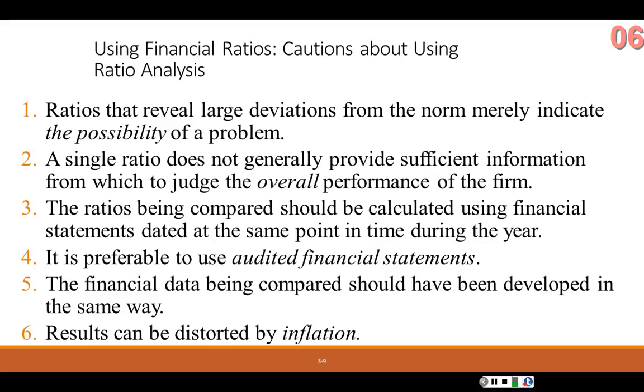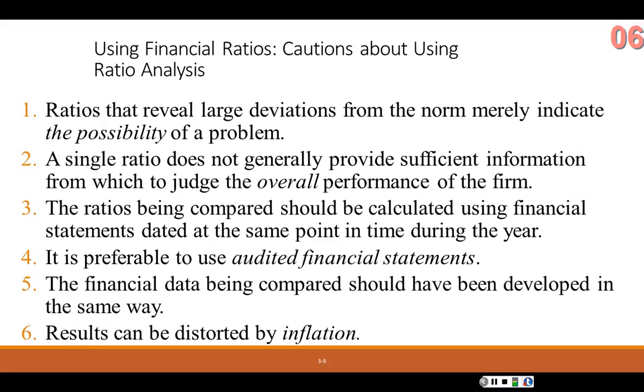There are some cautions when using financial ratios, and there's some major limitations. Ratios reveal the possibility of a problem. They don't necessarily mean that there is a problem. It means there might be a problem. A single ratio does not provide sufficient information to judge overall performance.